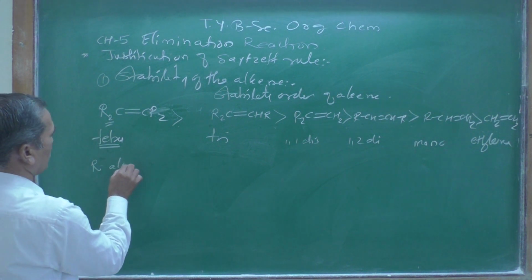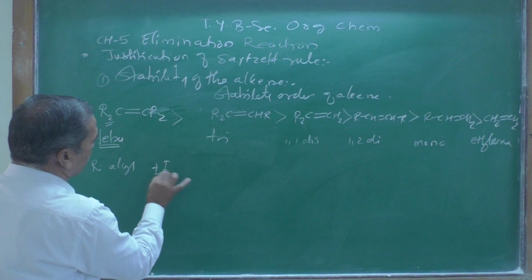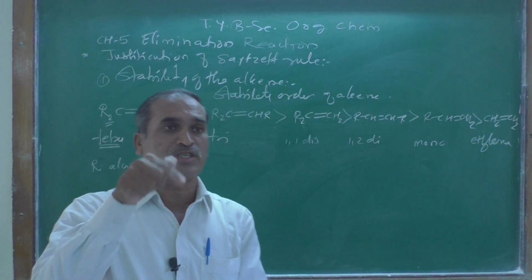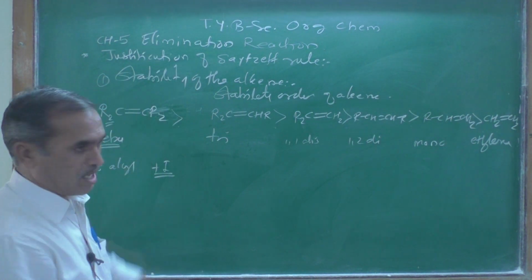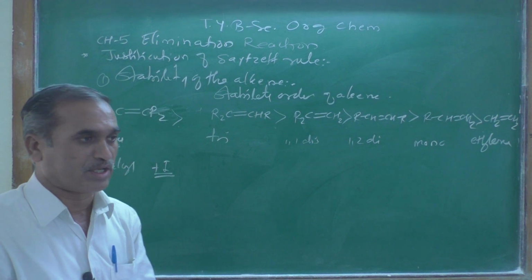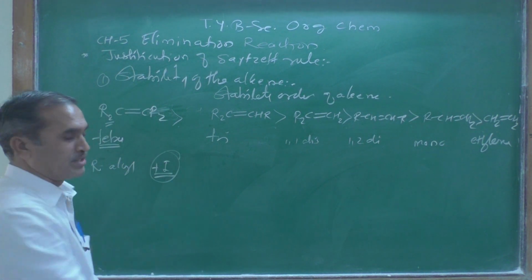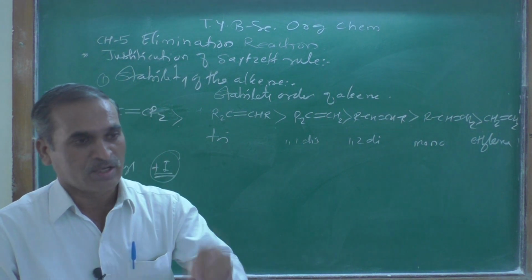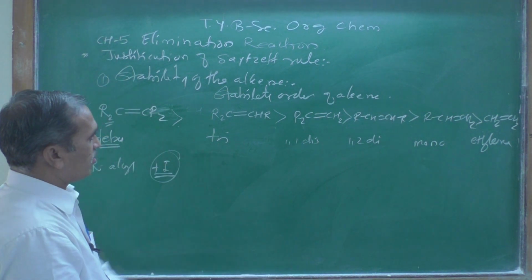R is nothing but an alkyl group that exerts a plus I inductive effect, and the plus I inductive effect increases the nucleophilicity of that carbon-carbon double bond. Hence its reactivity also goes on increasing due to the plus I inductive effect, and this is one of the effects contributing to increase the stability of that alkene.